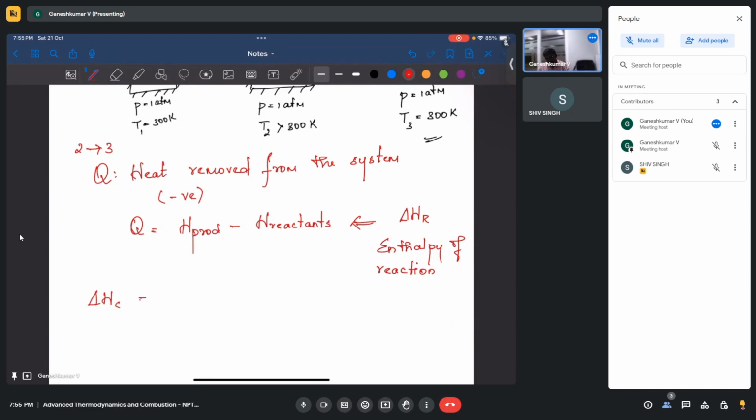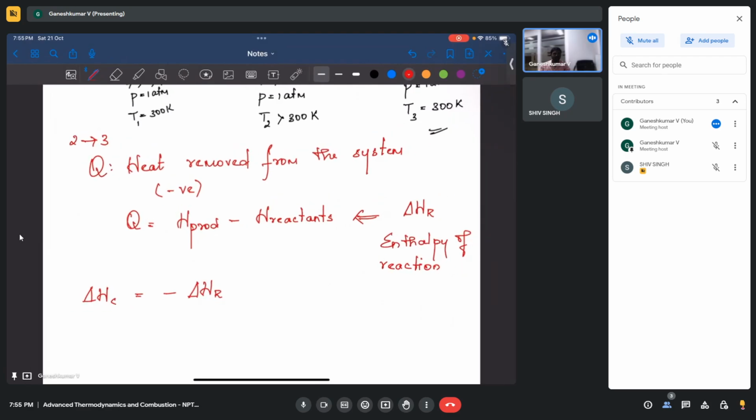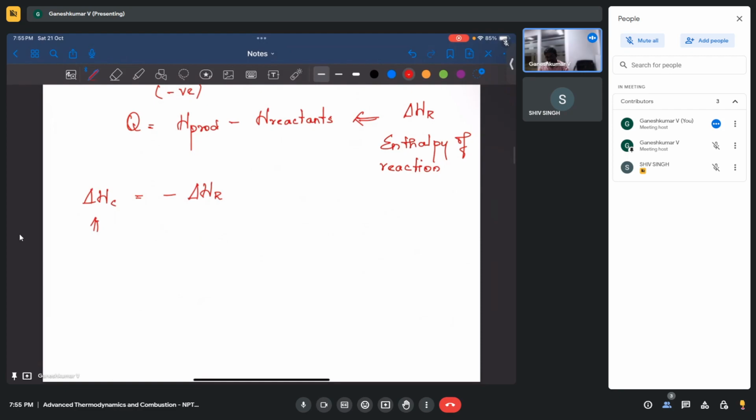delta Hc is nothing but negative of delta Hr. The reason is you are going to use that heat for something else. That is why this is called enthalpy of combustion. It is just convention. That is how they define it. Upon reaction, you get enthalpy of reaction, and upon doing this process I am going to remove it. That's why it is negative, right?